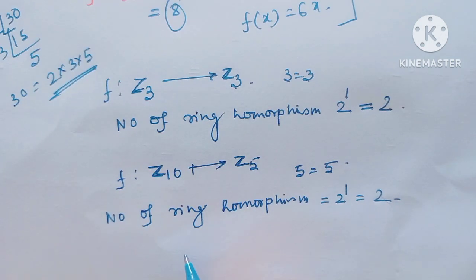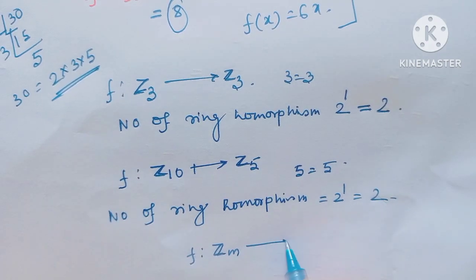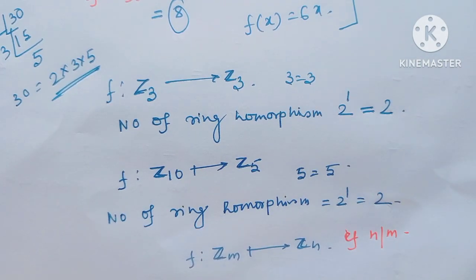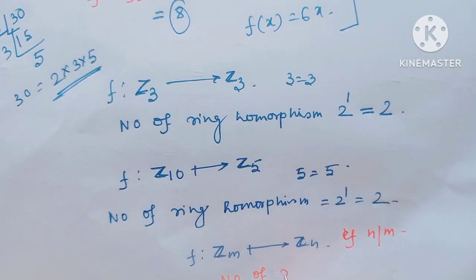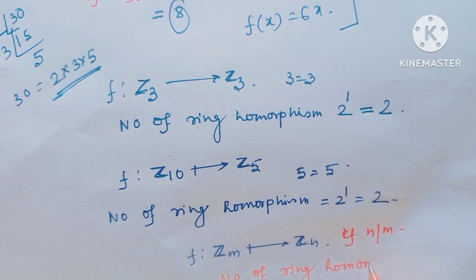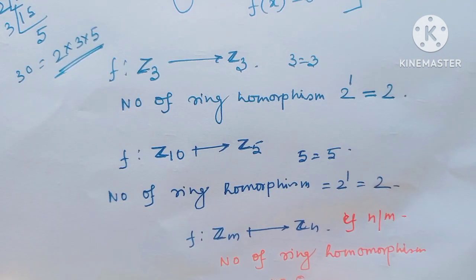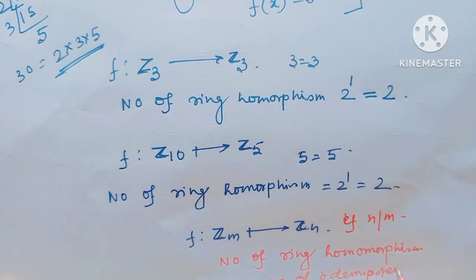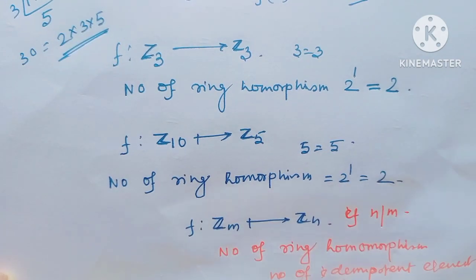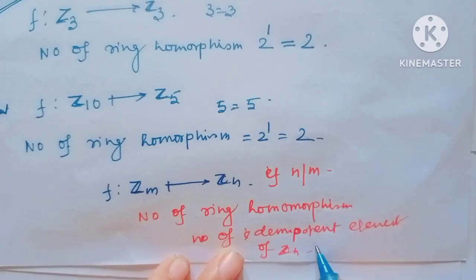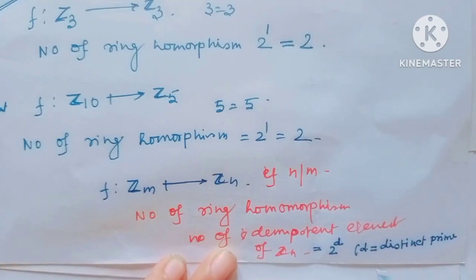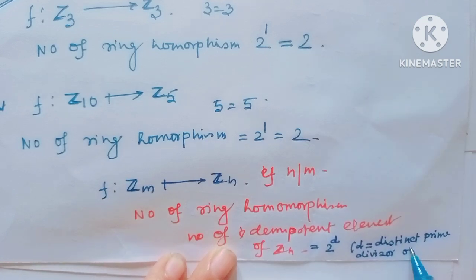So the number of ring homomorphisms f from Zm to Zn, and this is noticeable, if n divides m, then the number of ring homomorphisms is the number of idempotent elements of Zn, which is equal to 2 to the power d, where d equals the number of distinct prime divisors of n.